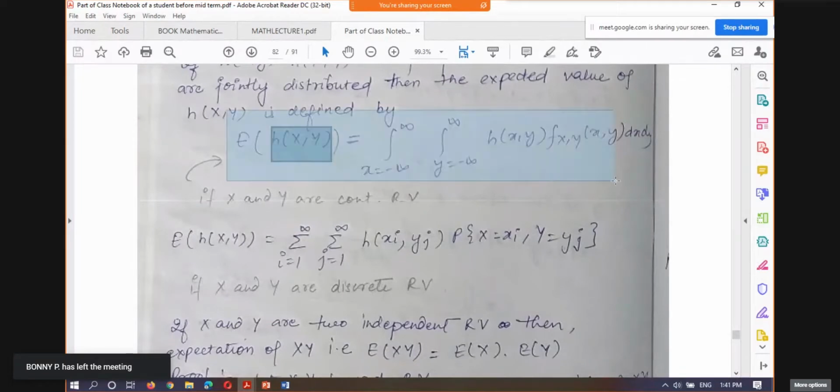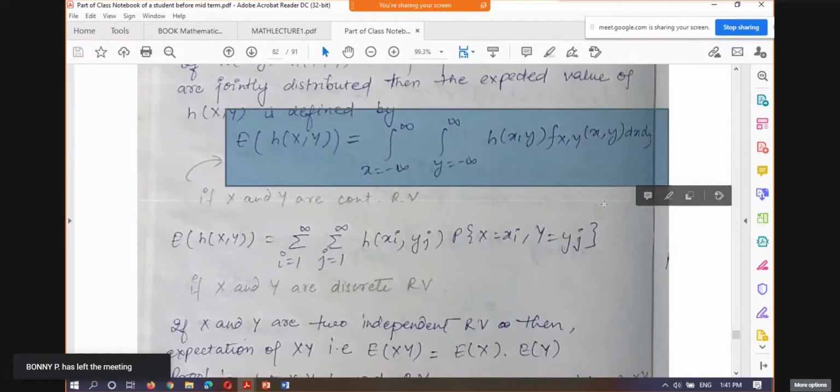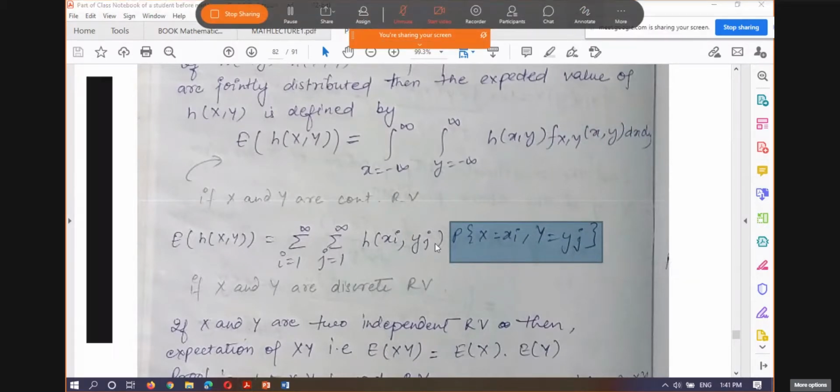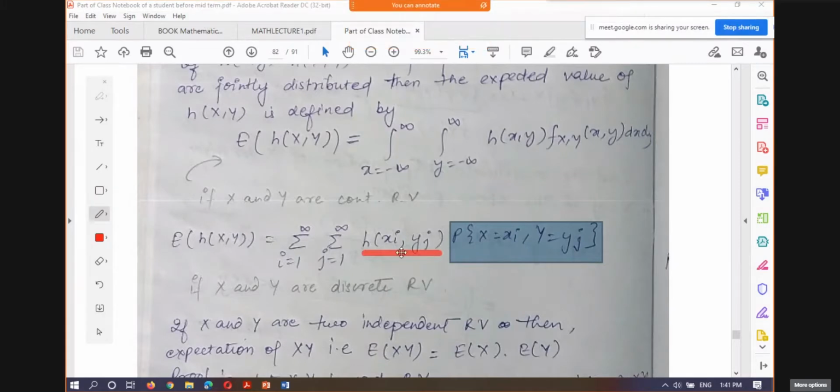So this is the formula for the case when x and y are continuous random variables. If they are discrete, then this joint density function is replaced by the joint probability mass function. This h of xy is replaced by the values at xi and yj, because the random variables capital X and capital Y take discrete values xi and yj, with probabilities given by the joint probability mass function at xi and yj.